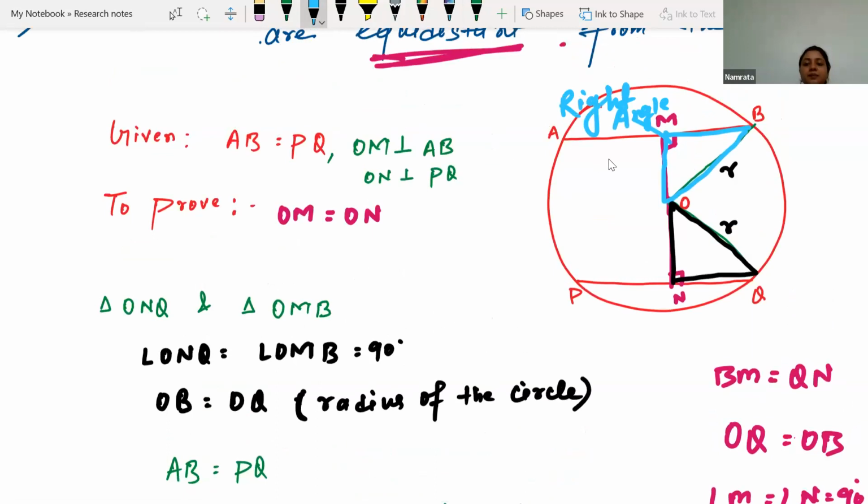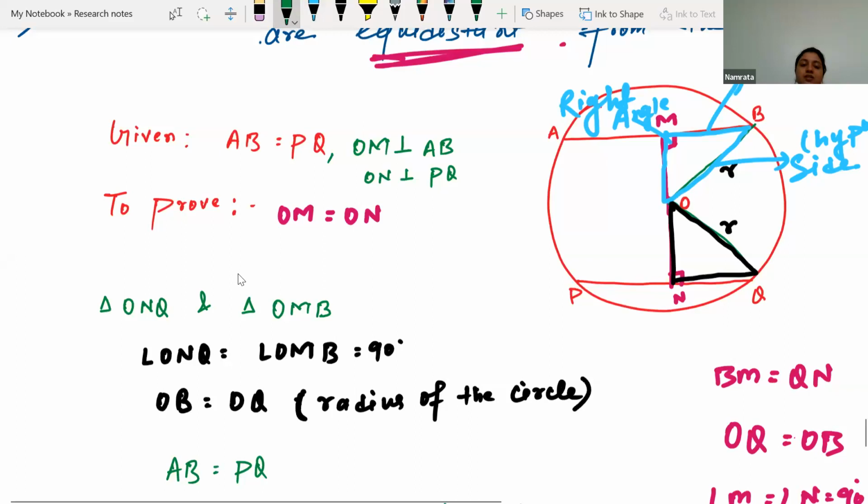Then BM, this side, we are using, and this side also, which is the hypotenuse. So can you tell me which criteria of congruency is getting fulfilled?